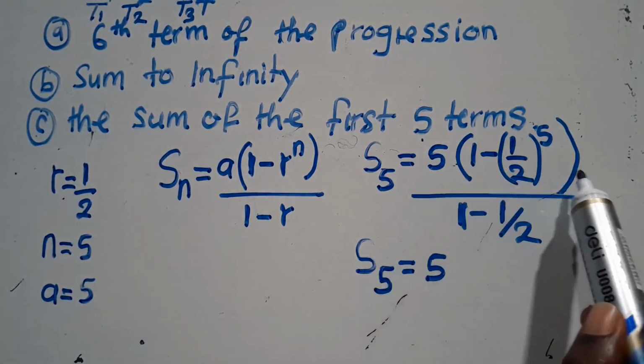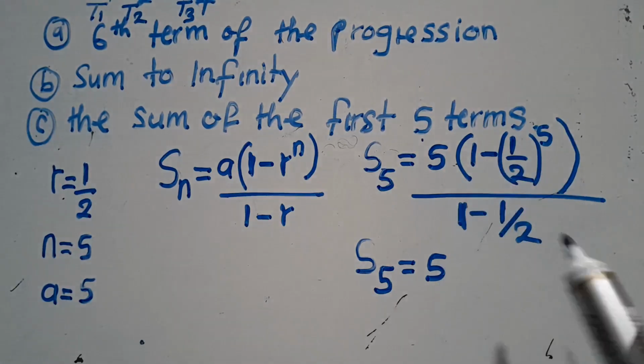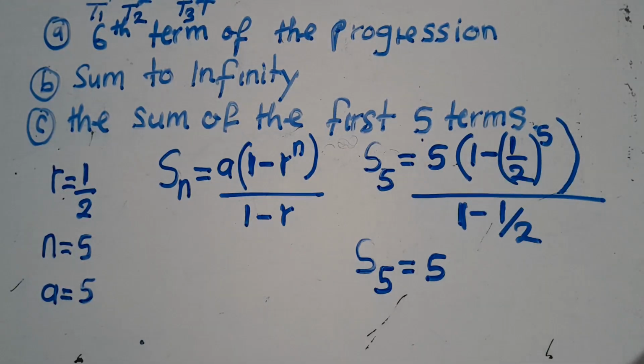You can't punch everything on your calculator like this. It is going to show a math error. So you don't do that. You first work out what is in the brackets inside, where you say 1 minus, open bracket, 1/2, close bracket, then to the power 5.